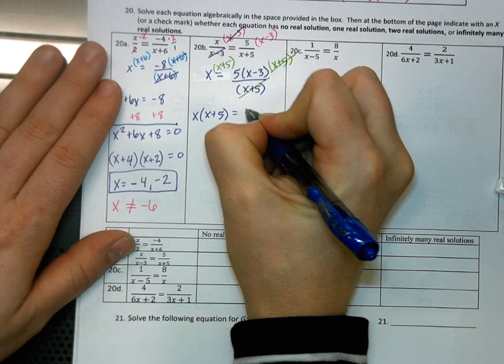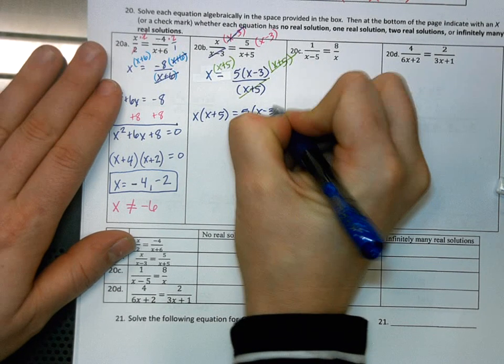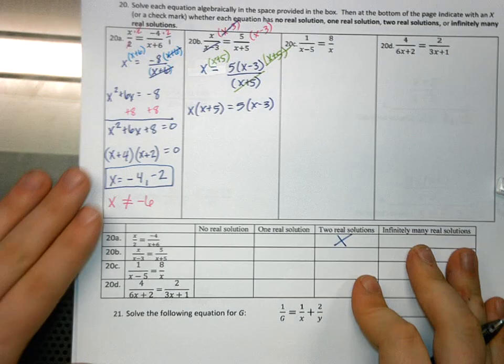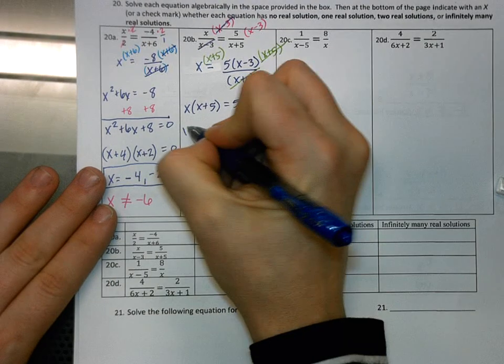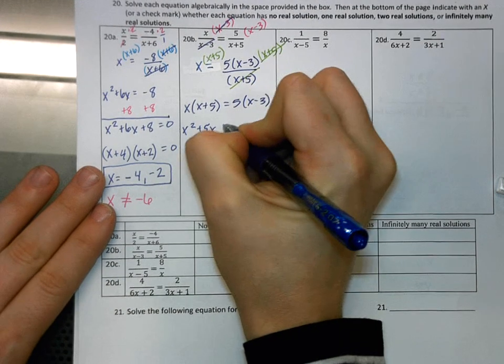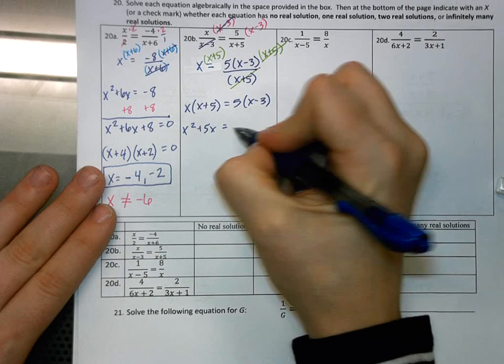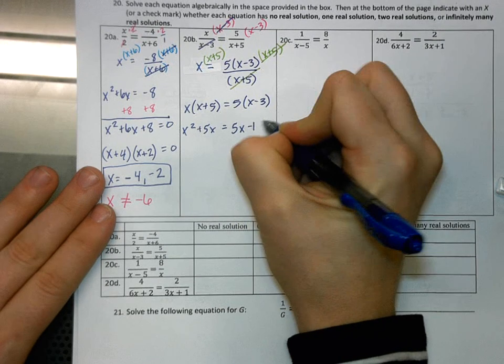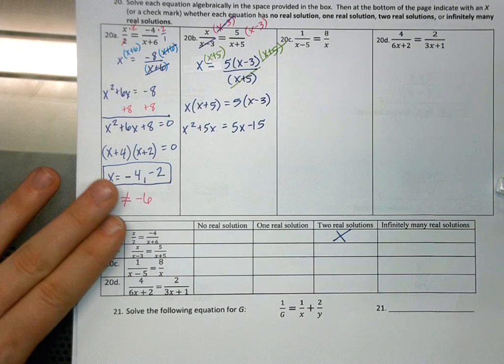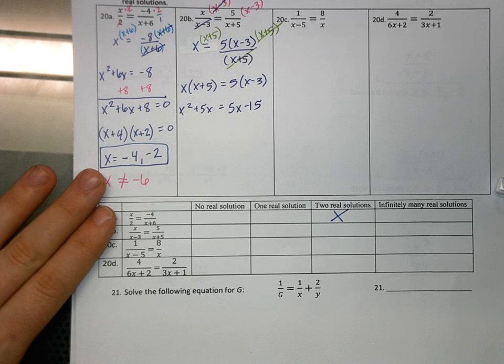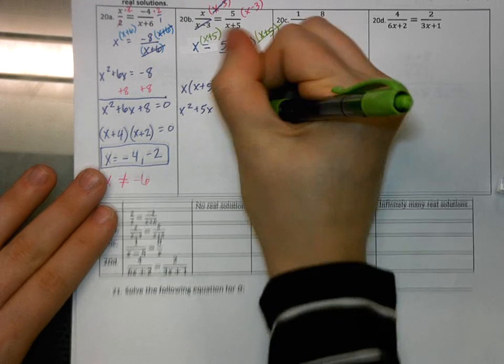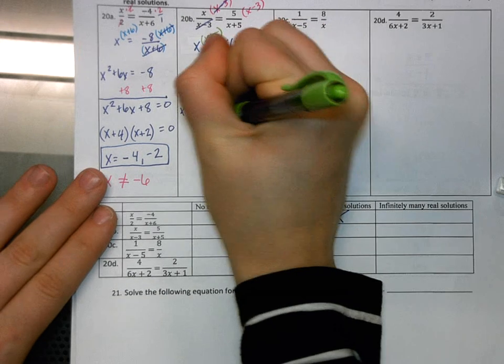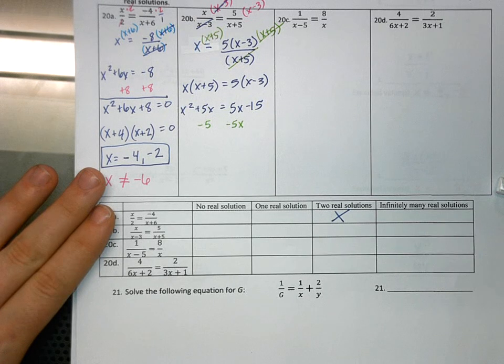What should I do now? Distribute. And I get x squared plus 5x, 5x minus 15. What now? Good. Subtract 5x.